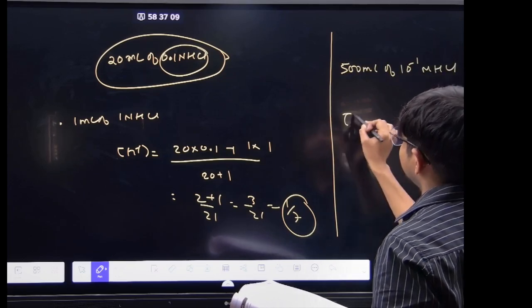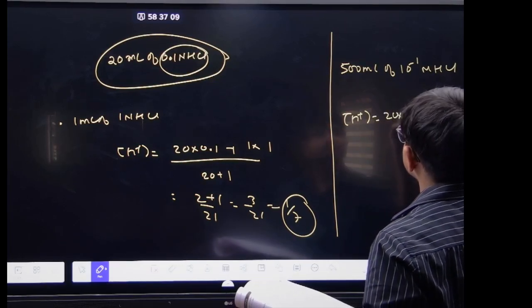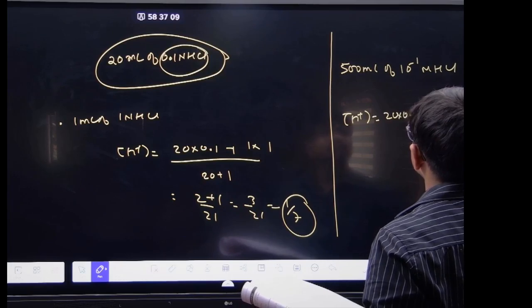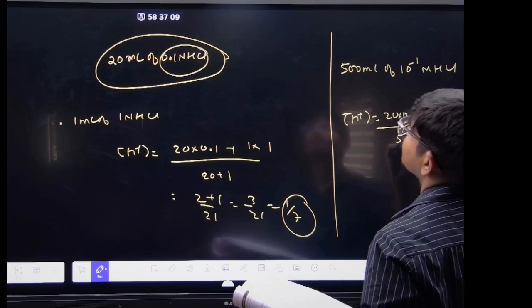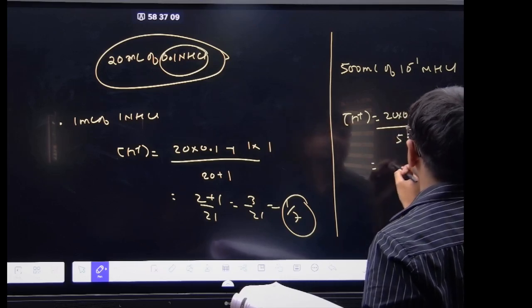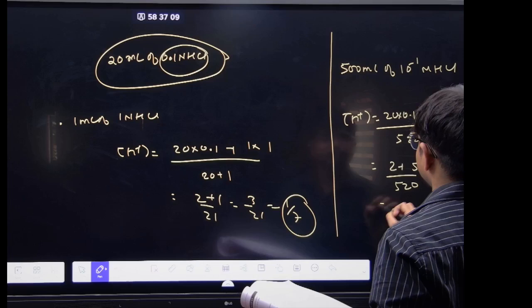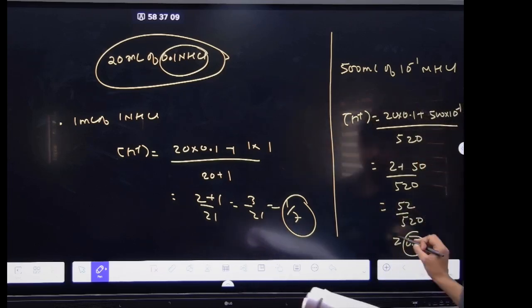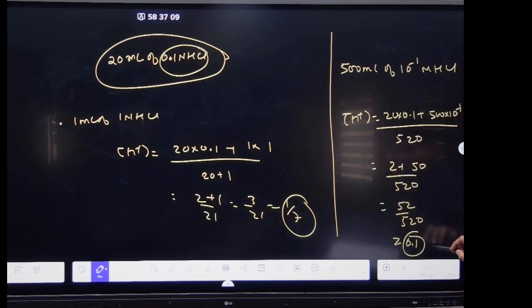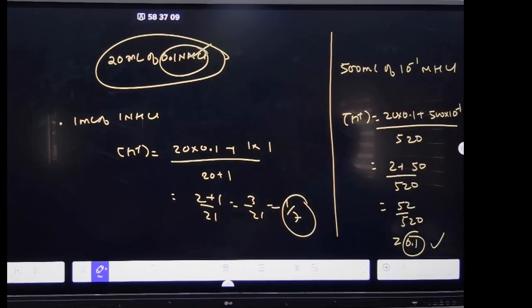So I can write concentration of H plus is equals to... you see na, the concentration right now and the concentration before is same. So the pH will not change in the fourth option.